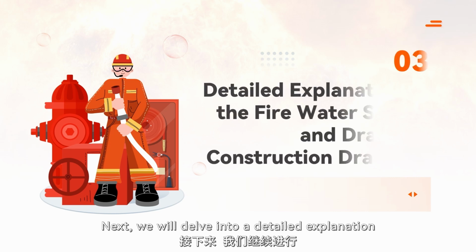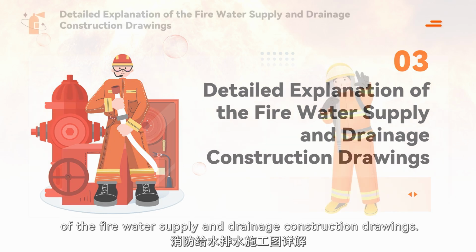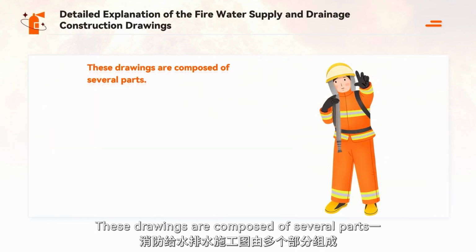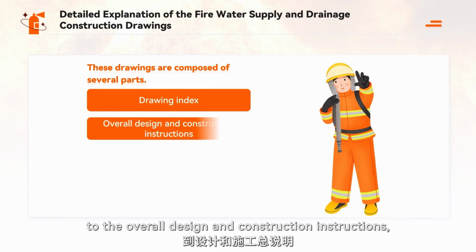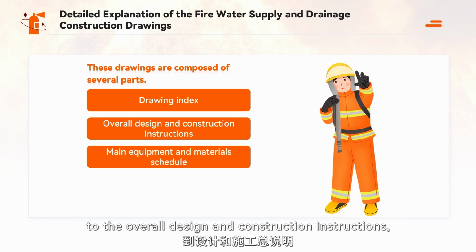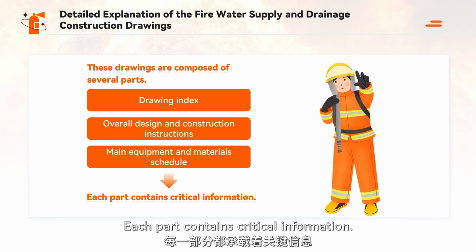Next, we will delve into a detailed explanation of the fire water supply and drainage construction drawings. These drawings are composed of several parts, from the drawing index to the overall design and construction instructions, and then to the main equipment and materials schedule. Each part contains critical information.